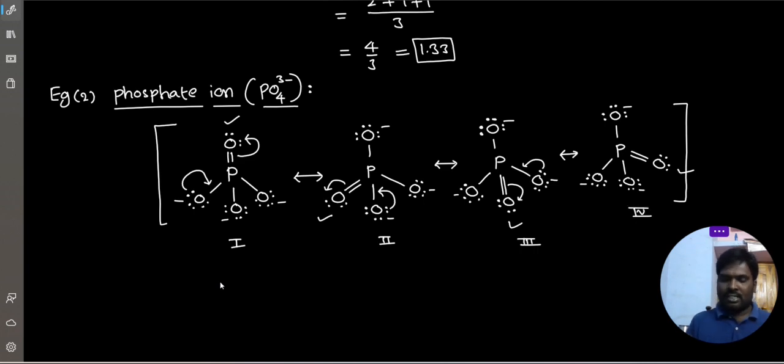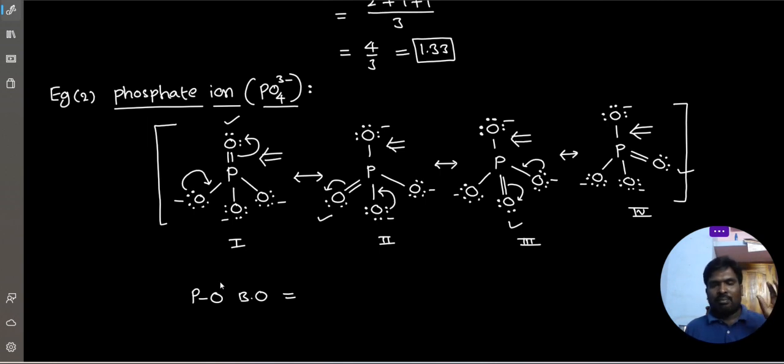Now you can take two fixed atoms, P and O. In all resonance forms, you have to take two fixed atoms. Now the PO bond order in the phosphate ion. What is the formula? I have already given it above. It is the sum of bonds in between two fixed atoms in all resonance forms by total resonance forms.